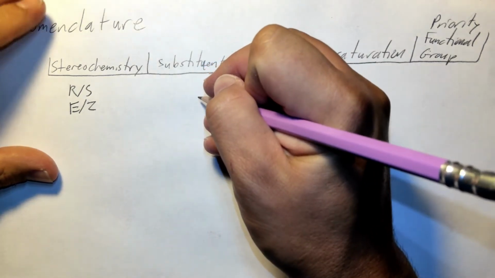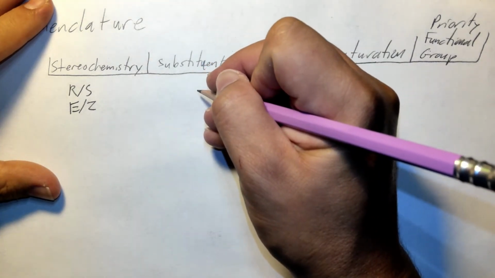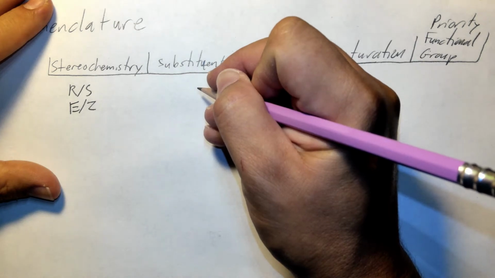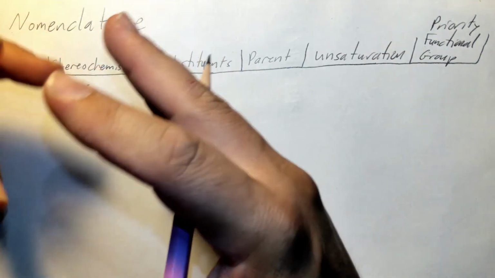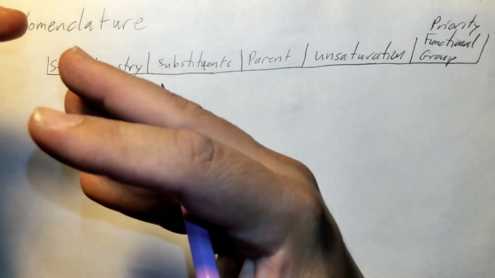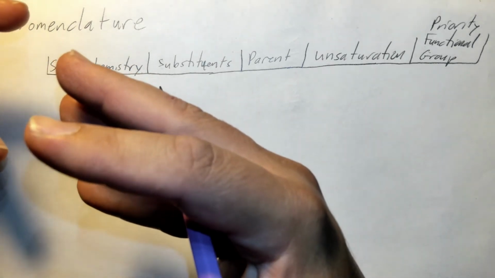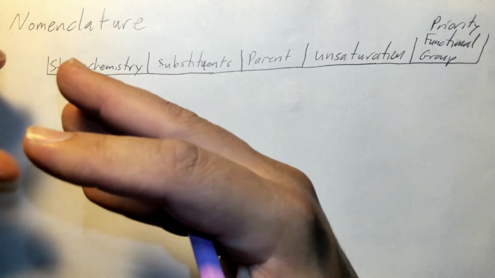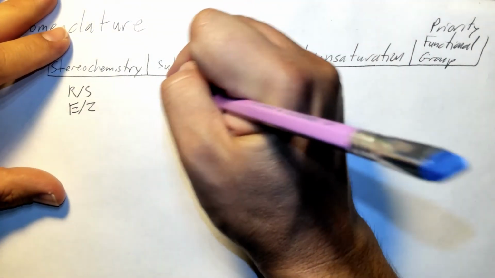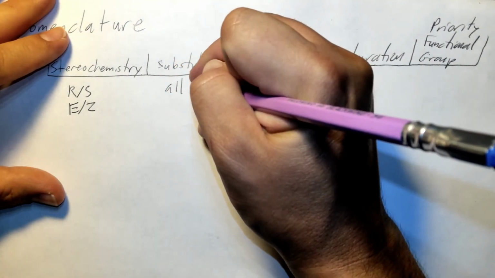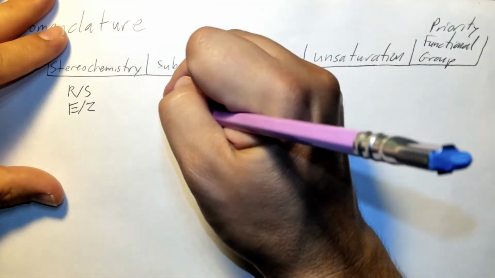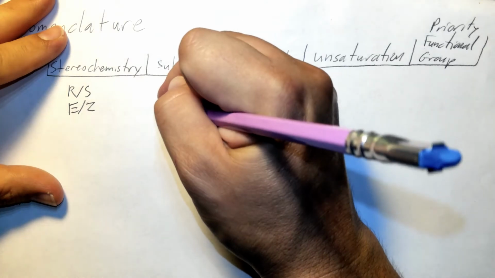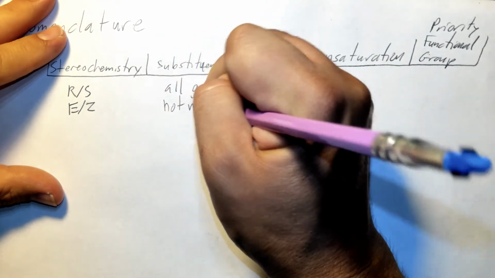The substituent section is where you'll find all of the pieces of a molecule that are not part of the main chain. We're going to define a main chain in a moment, but these will be all groups of atoms that are not the main chain.